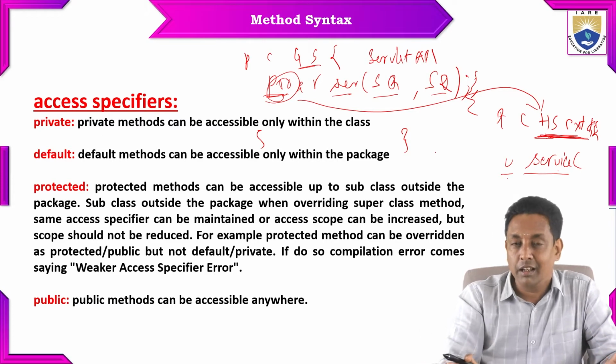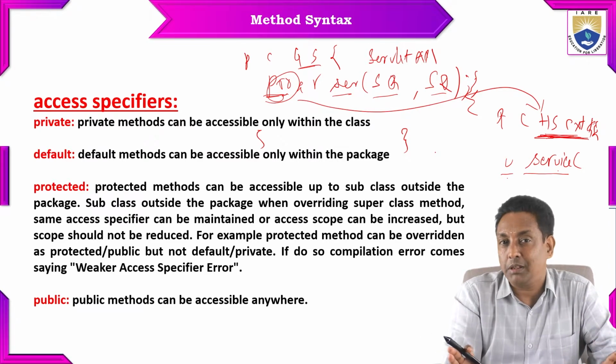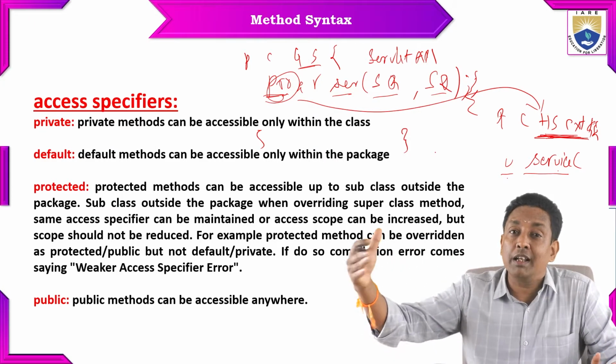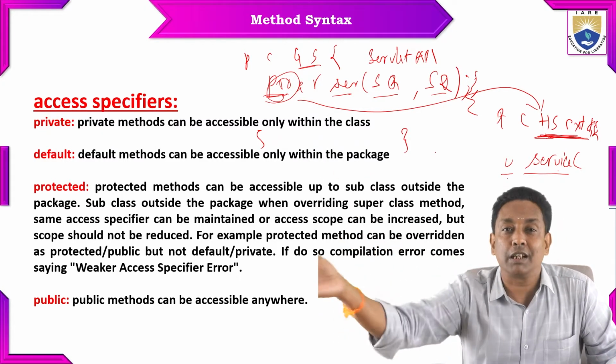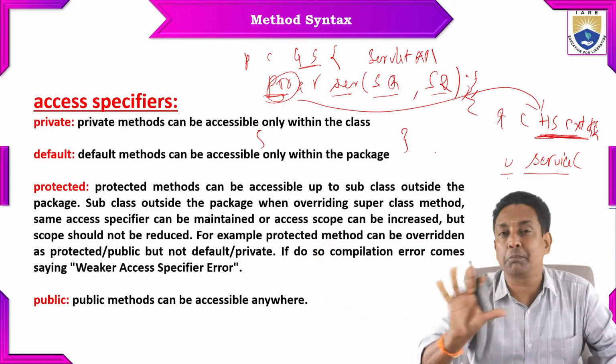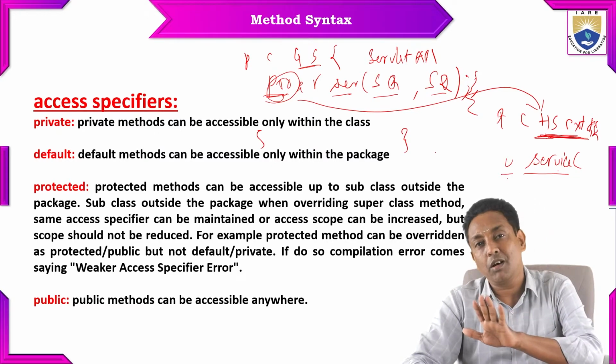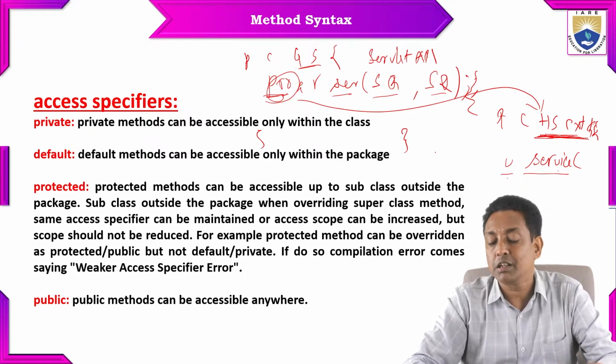Otherwise, generally, no class contains a protected method unless the class is intended to have its method overridden in subclasses outside the package. In such cases, only protected methods are declared. Otherwise, normally in a class, all methods are declared as public. Fine.